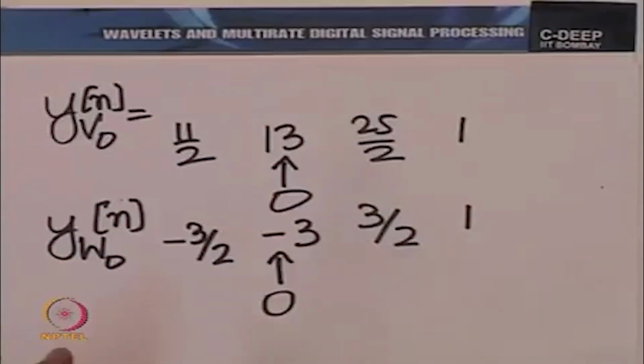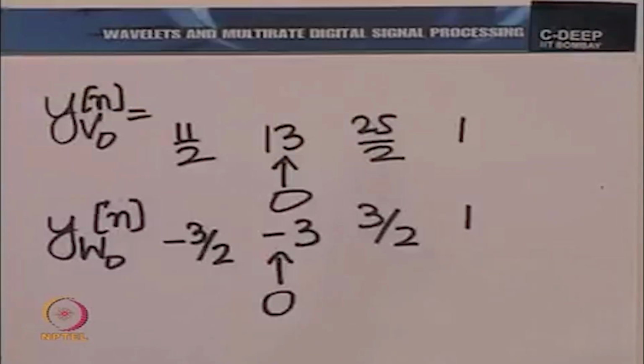So, somewhere we have to do an expansion, and that expansion is required because each of those points in the sequence corresponding to y was actually over half a unit interval, whereas the sequence points in yv0 and yw0 are on a full unit interval. So, essentially what we need to do is to introduce spurious zeros here.